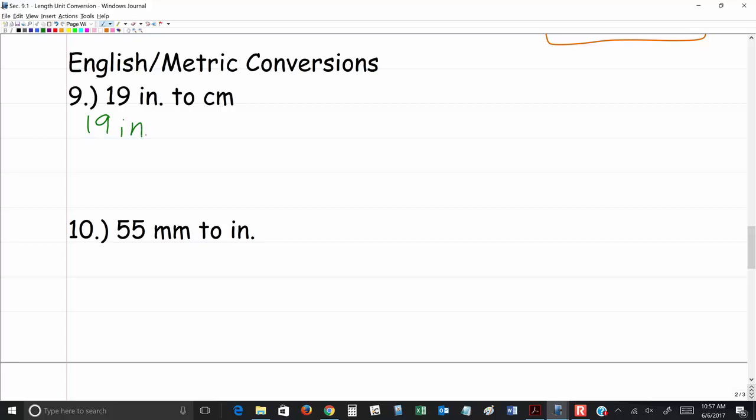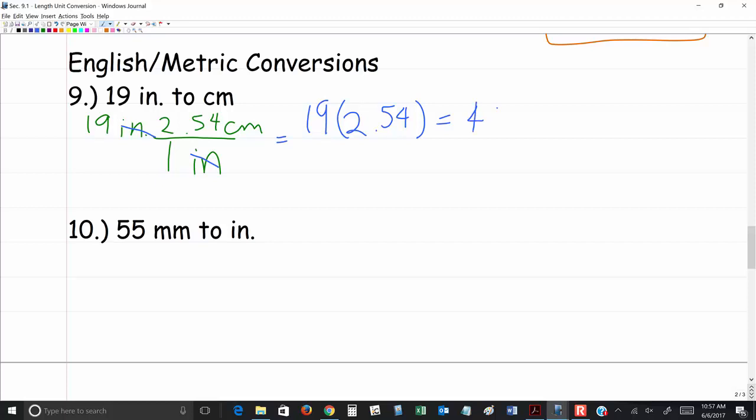And then multiply it by a fraction that has inches in the denominator. And then our conversion factor is telling us that 1 inch is equal to 2.54 centimeters. So then cancel out the inches. So to get the answer, you just multiply 19 times 2.54. So that's 48.26 centimeters.